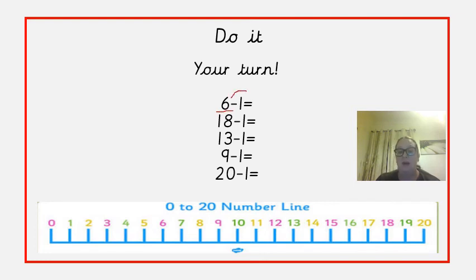Then the next bit of the number sentence tells us what we're going to do to find the answer, and remembering which way we're travelling for a subtraction. We're going that way, to the left, just like Beyonce says.